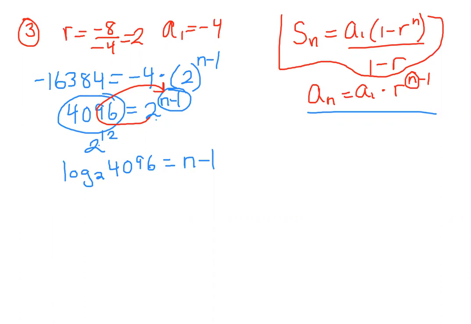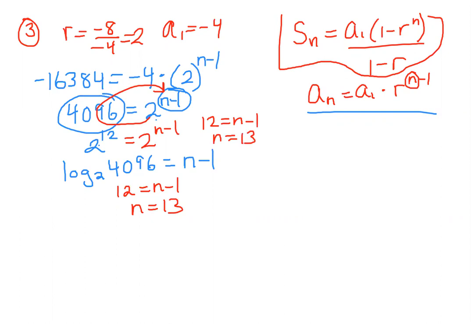And you get 12. Either one, you get 12. 12 equals n minus 1, so n equals 13. Up here, if you would have known that 4096 is 2 to the 12th, then you could just say 12 equals n minus 1, so n equals 13. Either way, you can find that n equals 13.